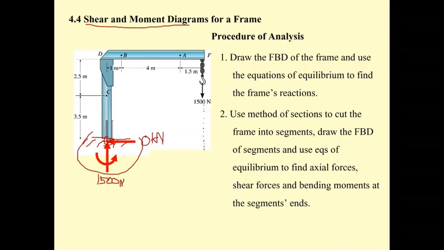Equal to 1,500, times the distance between here and here, which is going to be 4.5, and then this is going to be 6.5, and then the moment that we are looking for is going to be 6.5 times 1,500.